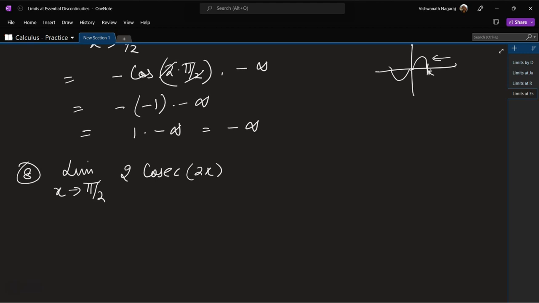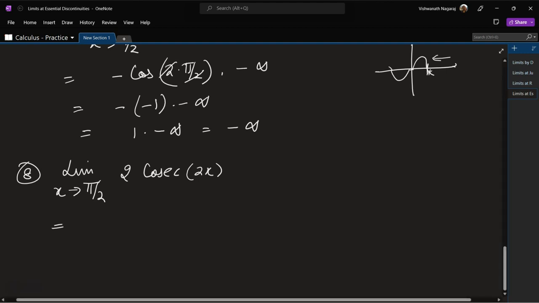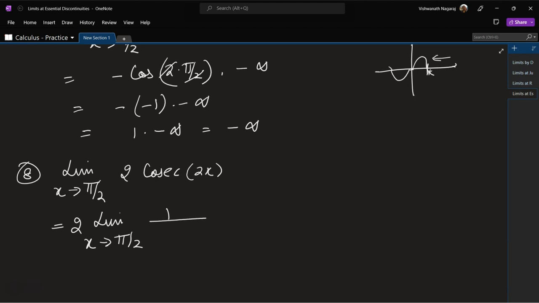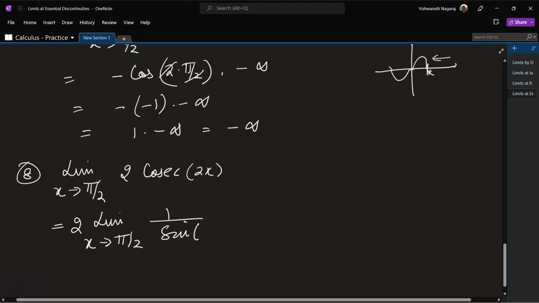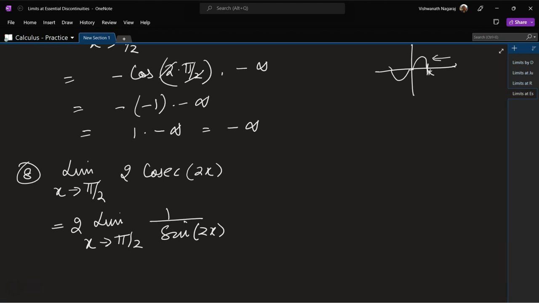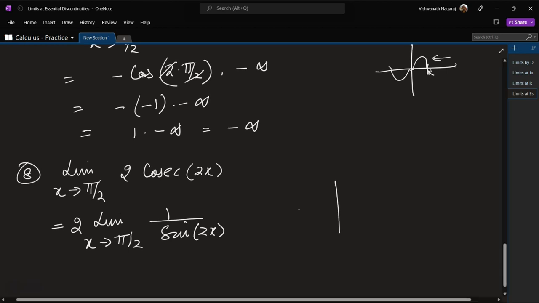So in the denominator, we'll end up with 0. So not correct. Let's take it step by step. Limit as x approaches pi by 2 of 2, we can take it out. This we can write as 1 by sine 2x. Okay. 2x, 2 times pi by 2 is pi.